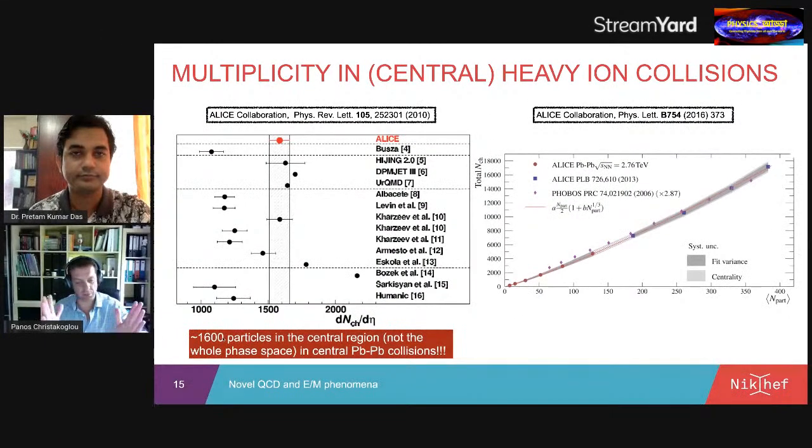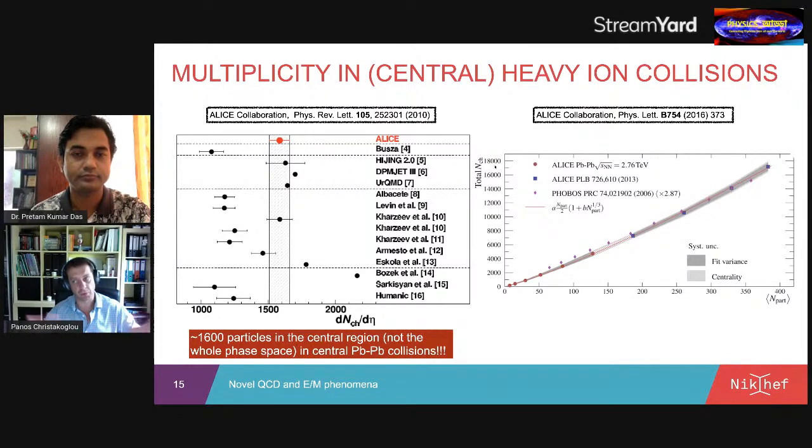The Alice detector is pretty narrow in terms of what acceptance it covers, what polar angles it covers. Now, if we try to measure all particles in the entire phase space which are being created after heavy ion collision, then you end up having close to 20,000 such particles.